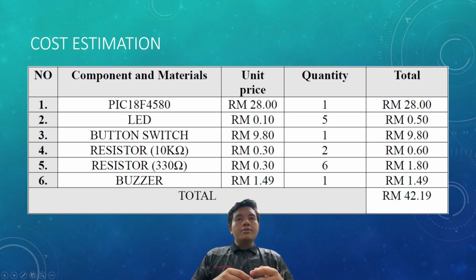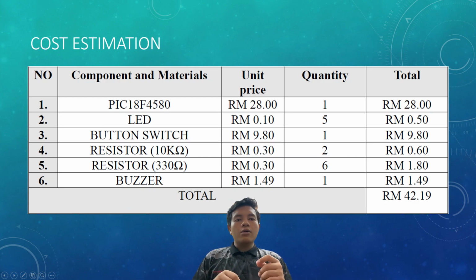For the cost estimation, the microcontroller that we bought costs us only 28 ringgit. Also, we bought 5 LEDs, which cost 50 cents each. Next, we also bought a switch button, which costs only 9 ringgit 80 cents. For the resistors, we are using two different values, 10 kilo ohm and 330 ohm.